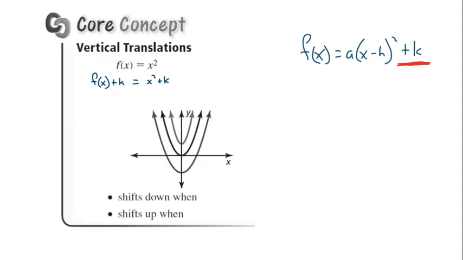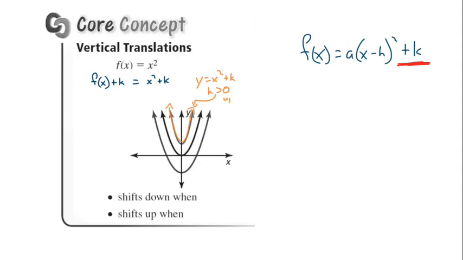If I have y equals x squared plus k, and k is greater than 0, so we're adding something to it, that would be this interior line. We took the dark black line and shifted it up.